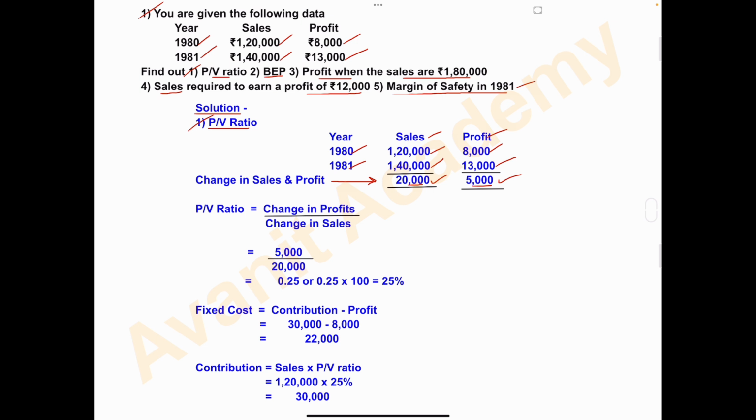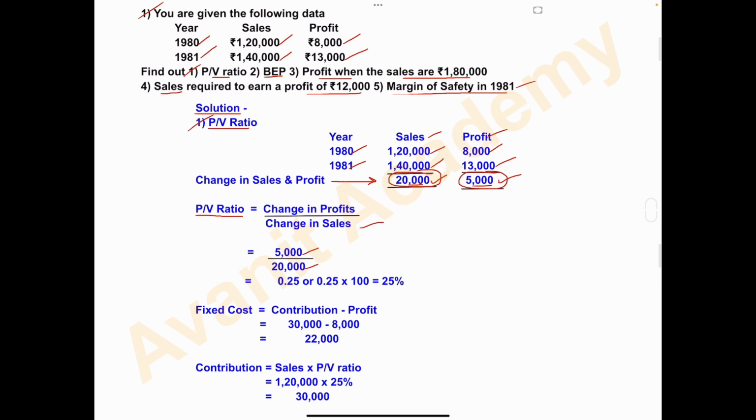Write the formula to calculate PV ratio, that is change in profits divided by change in sales. This formula we have to apply here, because they have given information related to sales and profit. Change in profits is 5,000 and change in sales is 20,000.